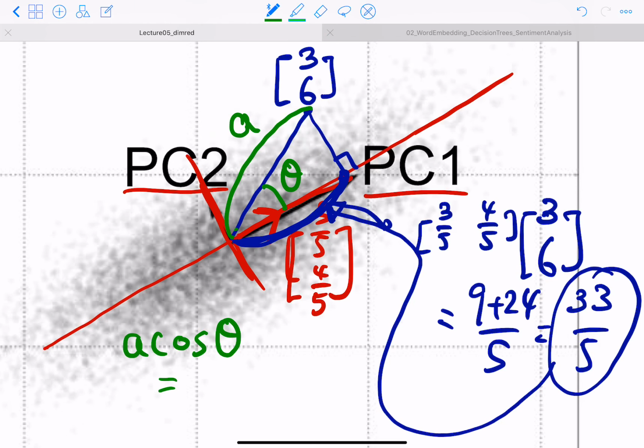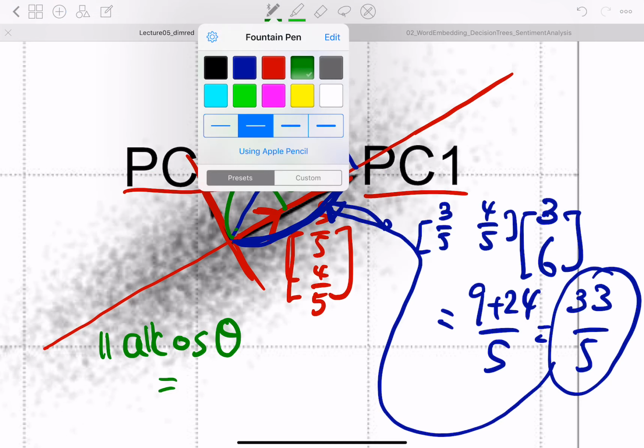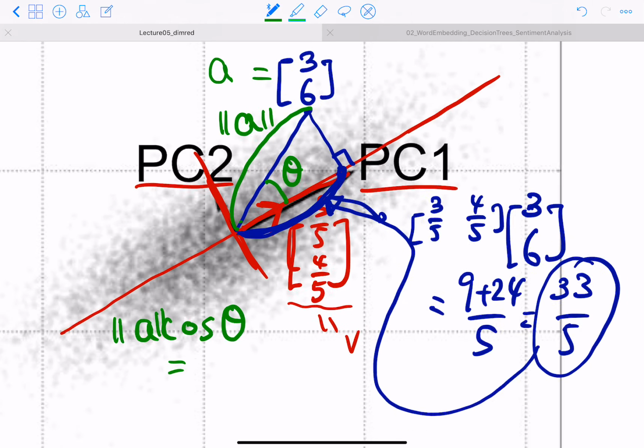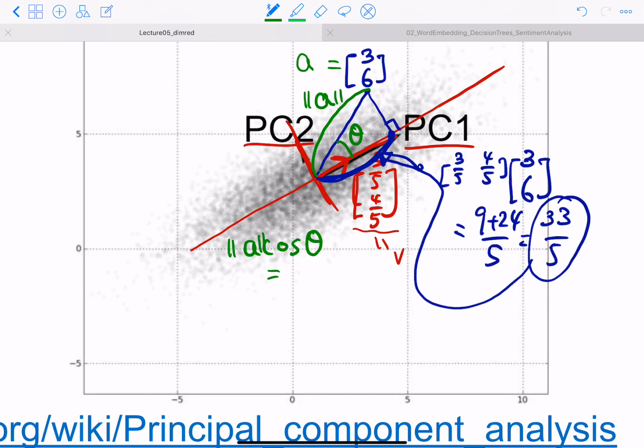Suppose this vector is A, and it can be represented in this form, and this vector is V. Then A dot V is like this.